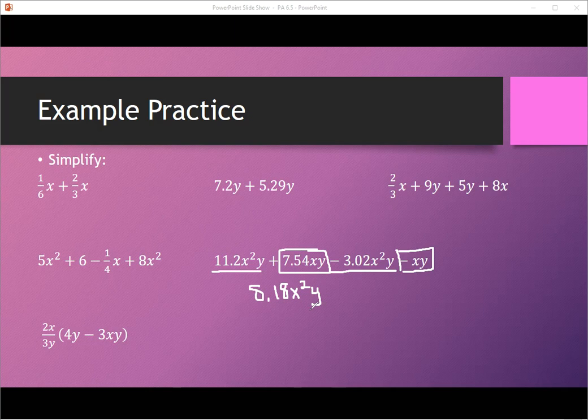And then for the other one, I'm saying 7.54 minus, and be careful here, remember if there's no number written in front, there's really a 1 there that we can't see. So that's like 7.54 minus 1, which will give me 6.54 xy.